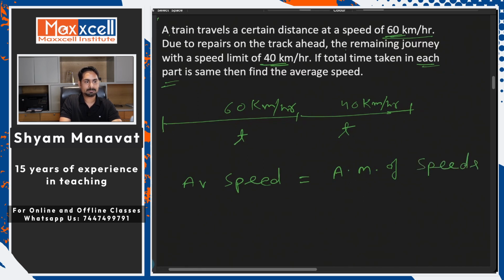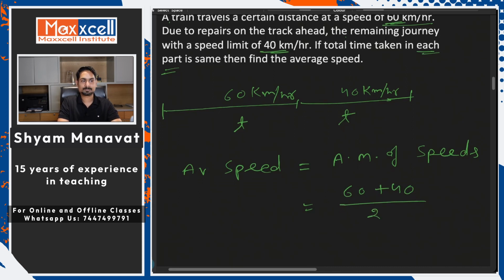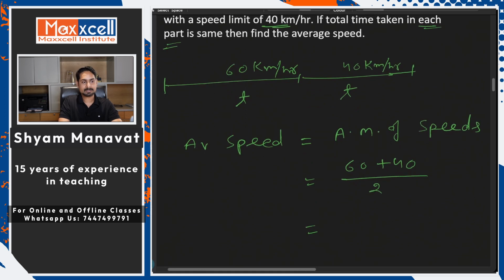What is the arithmetic mean of speeds? Sum of values, that means 60 plus 40, by the number of speeds. There are two speeds given, so by 2. So you get the answer, 50 kilometers per hour, right?